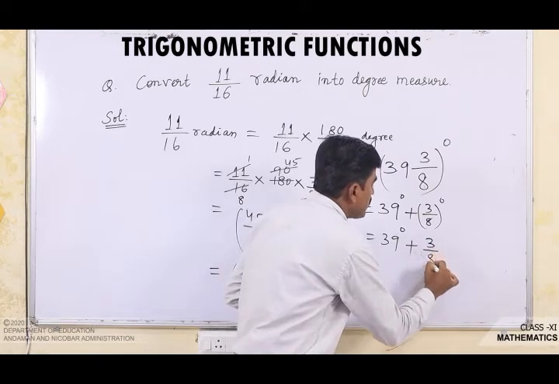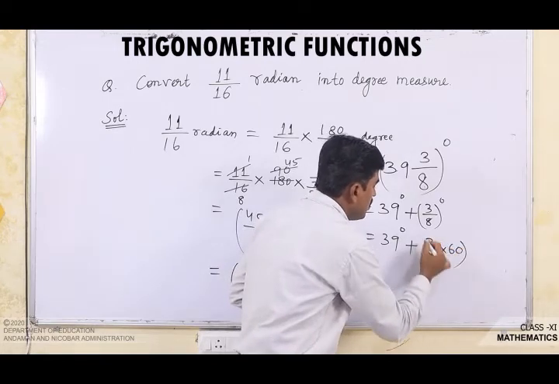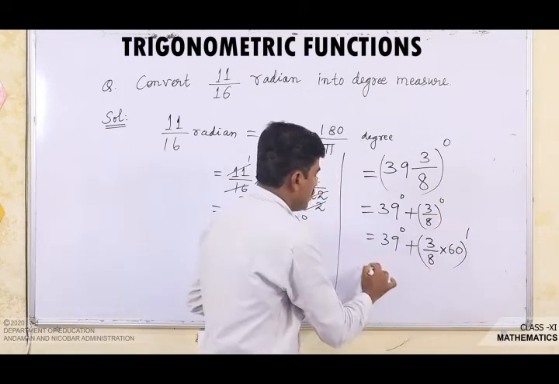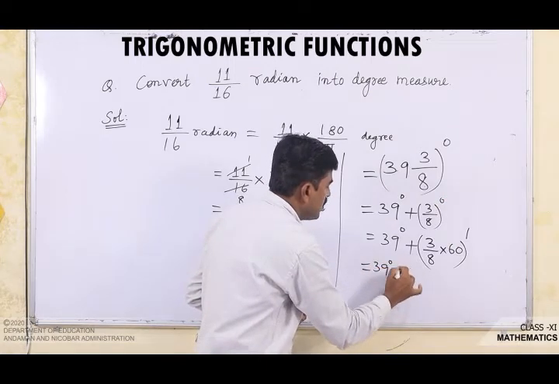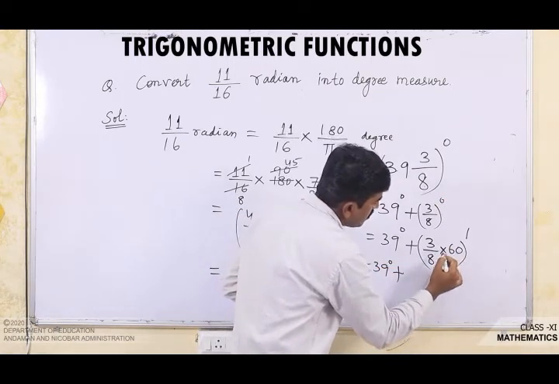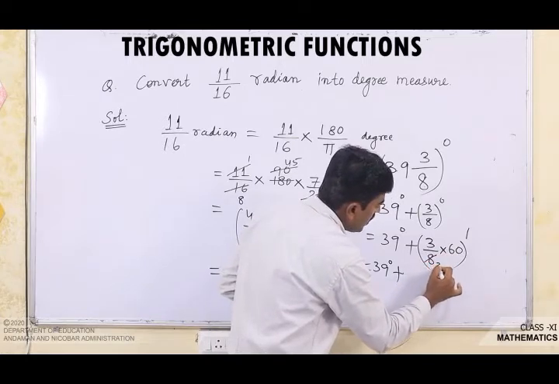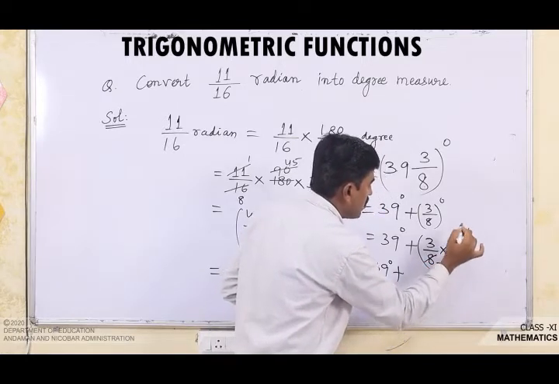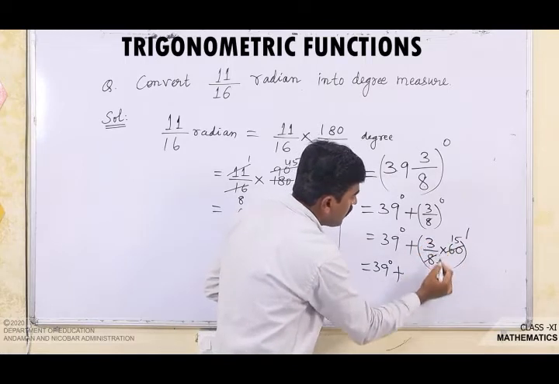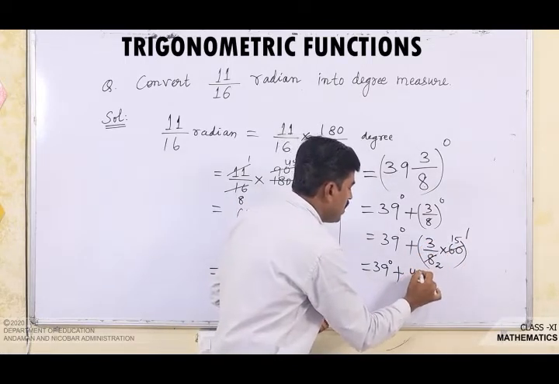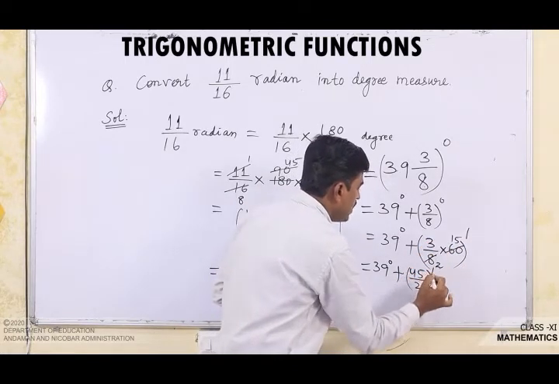So multiply it with 60, then it will be converted into minute. So that is equals to 39 degree plus, now cancel out it, okay. It is 4 2s are 8 and 15 4s are, okay. So 15 3s are 45 by 2. It is 45 divided by 2 minute.